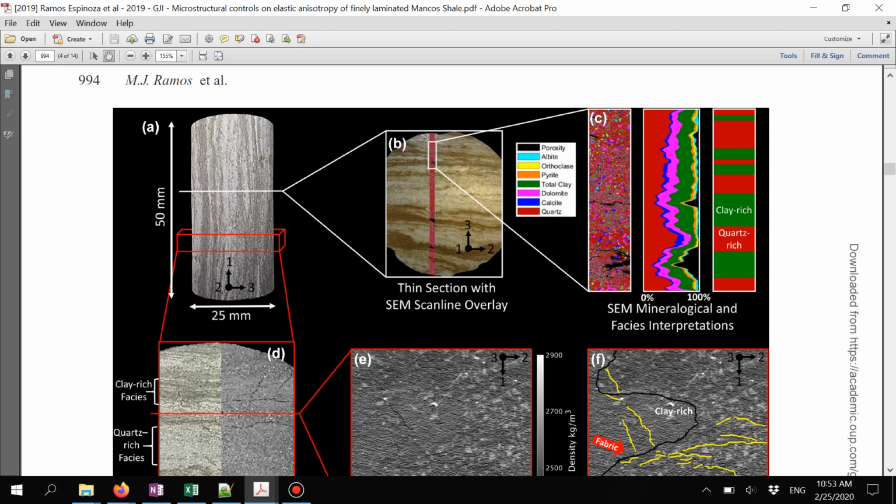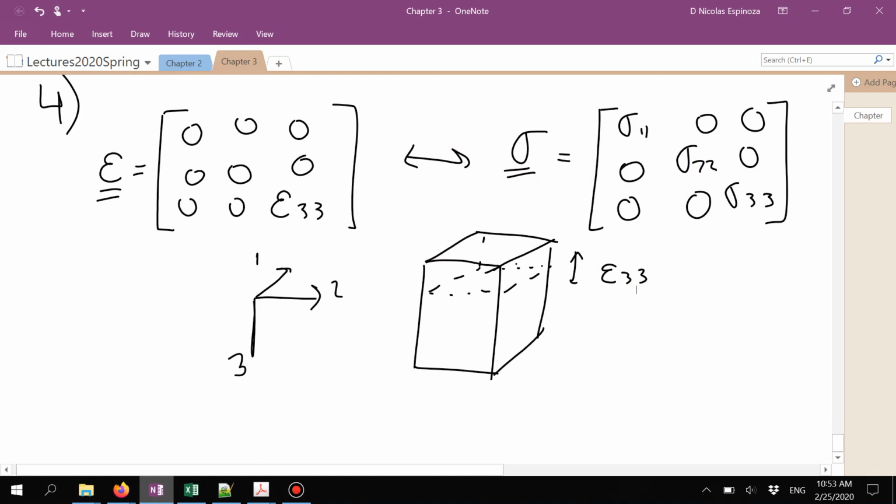And in general, with all sedimentary rocks, layers, either if they are fine at a few millimeters scale like this one, or bigger, they will induce rock anisotropy. And that anisotropy then means that the Young modulus is going to depend on the orientation in which you measure the rock property. And let me do a schematic of this here in the notes.